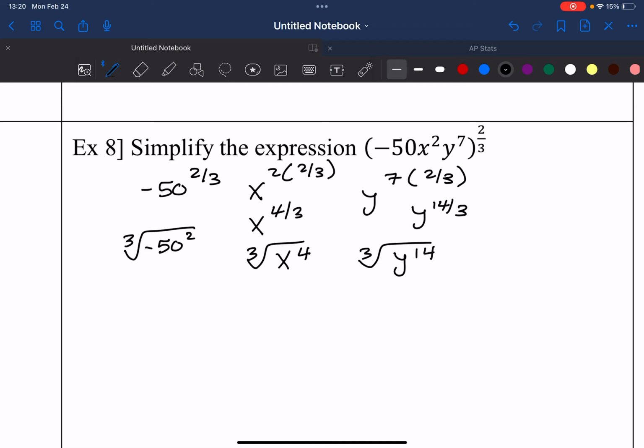Okay. Let's see. 50 squared is 2,500. So this is the cube root of negative 2,500. So I'm going to do the prime factor tree on that. So if I start with 2, let me get out my calculator.